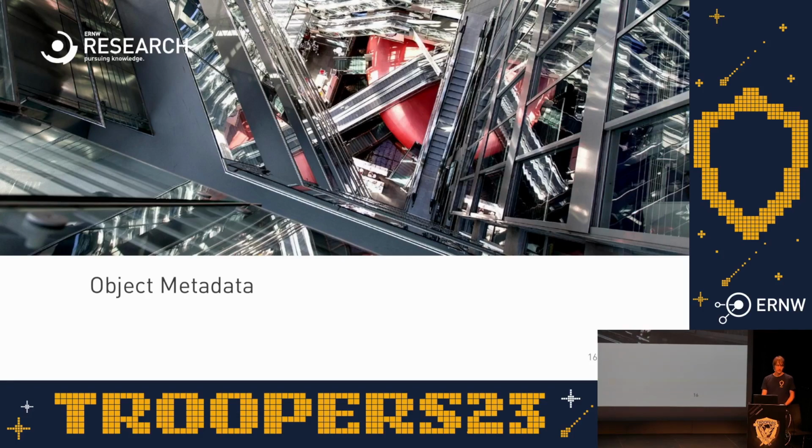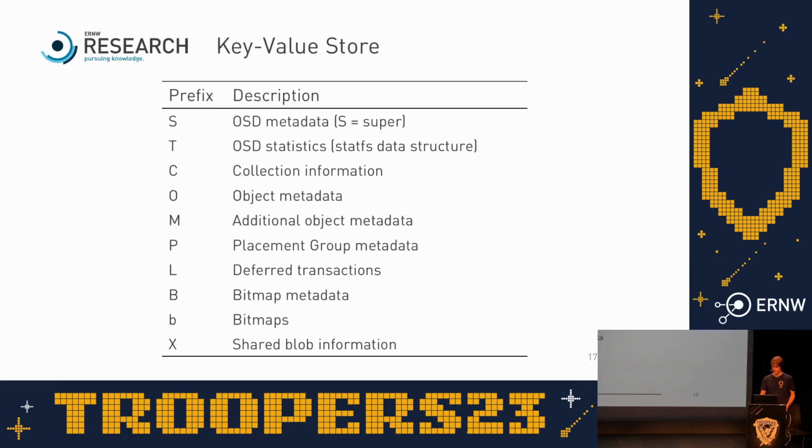Now when I dump all the data from the key value store, I have the object metadata. I can now look at what I see there. I see a lot of entries where the key starts with different letters. If you, for example, look at all the keys starting with S, then the value of this key will contain OSD metadata.